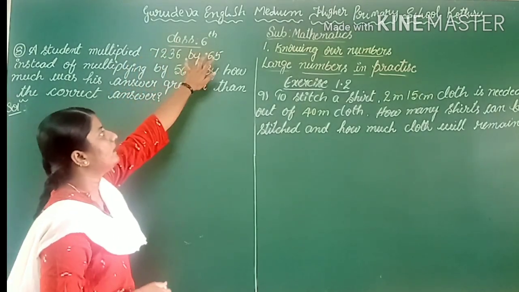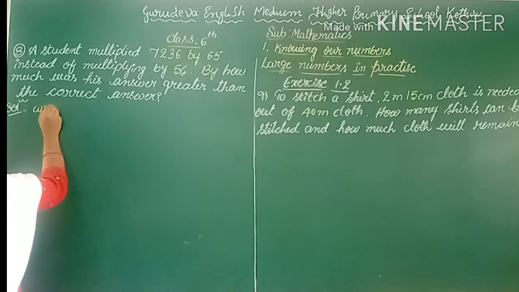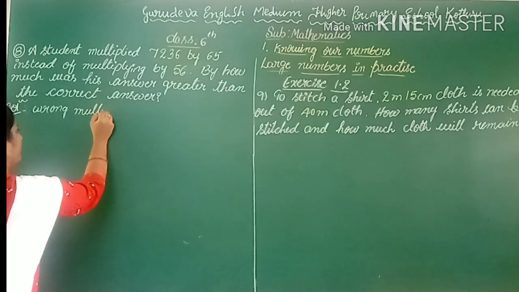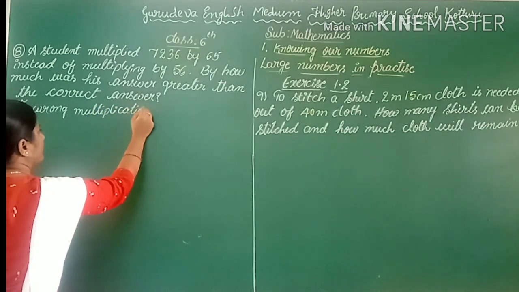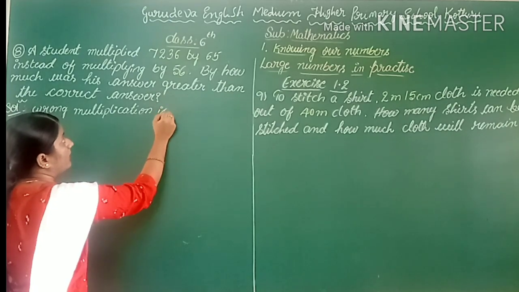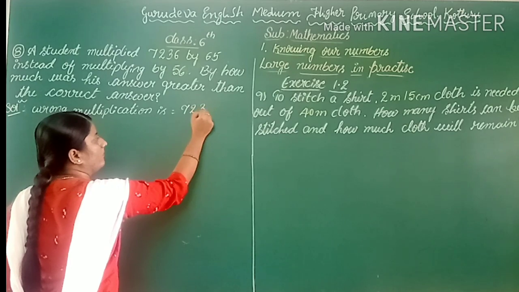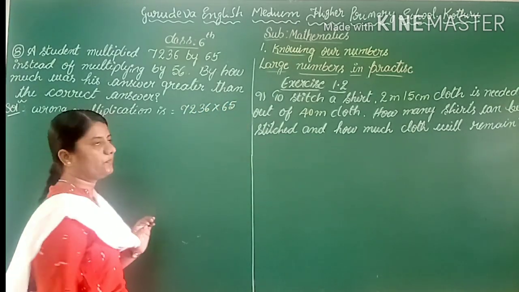He multiplied wrongly by 65. Wrong multiplication is 7,236 into 65.